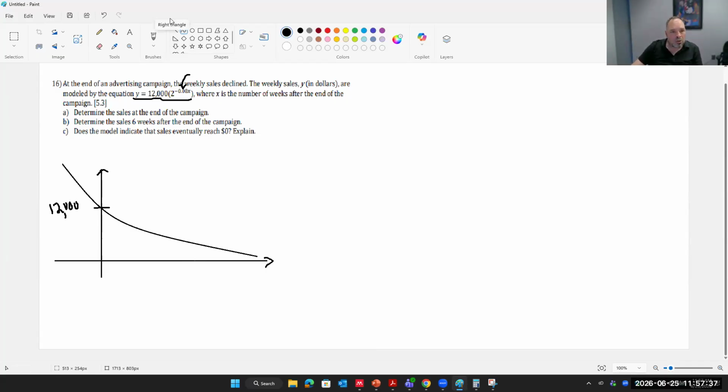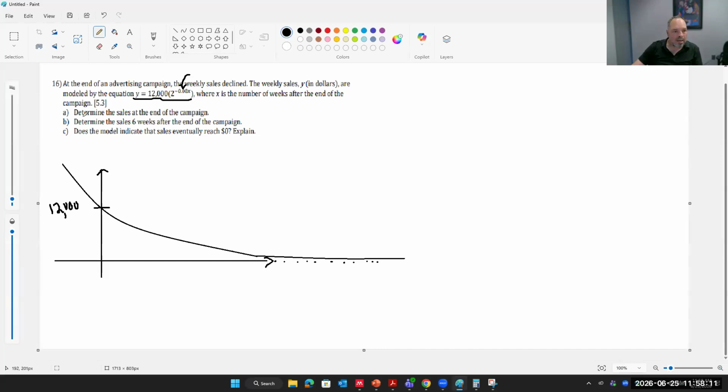You may also realize, because it's exponential decay, that this curve will decrease, but never go underneath the x-axis. It'll always remain above the x-axis.